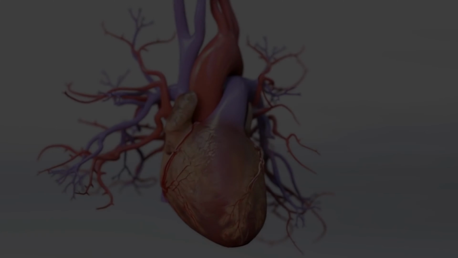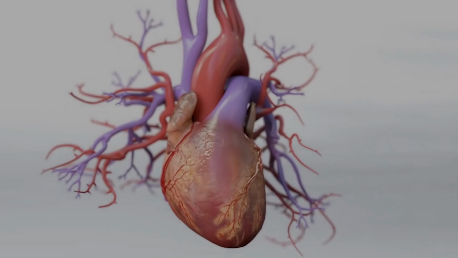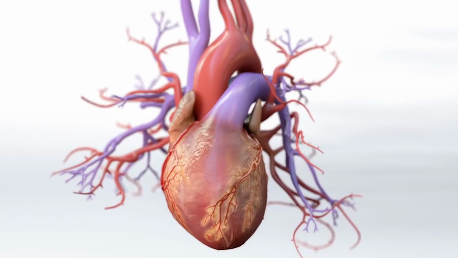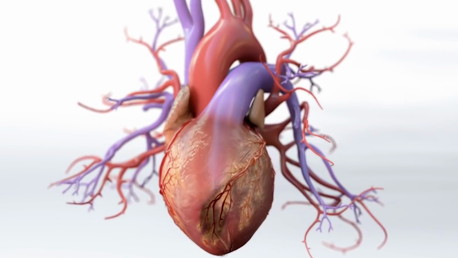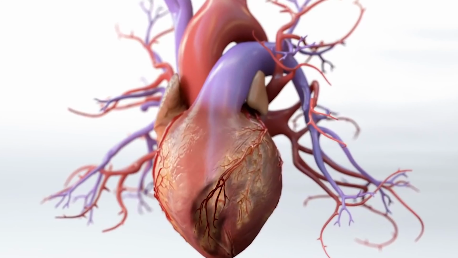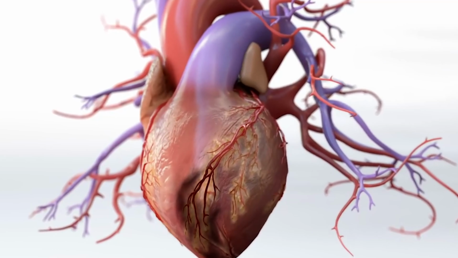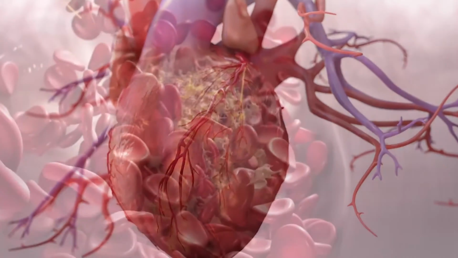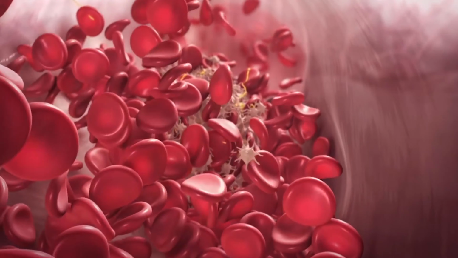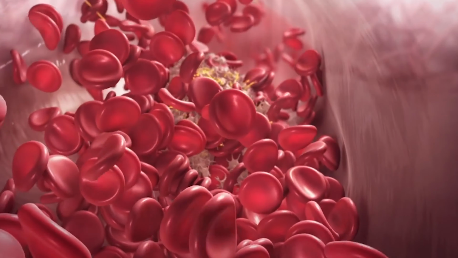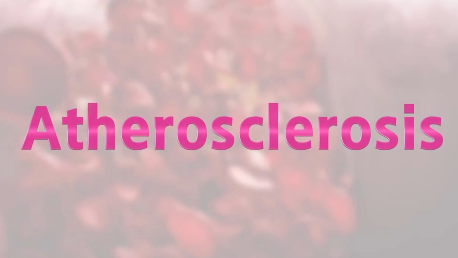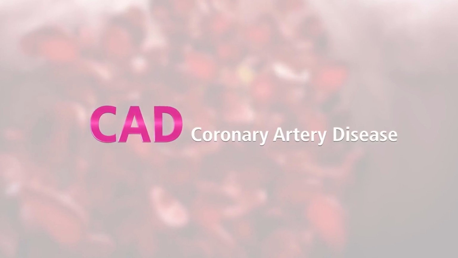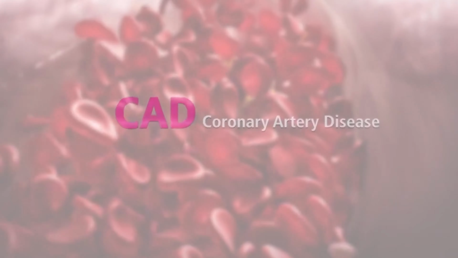When a myocardial infarction strikes, the blood supply to the cardiac muscles is suddenly restricted. Starved for oxygen, these muscles begin to die, and within minutes are unable to keep the heart beating. The cause of this life-threatening attack is the obstruction of a coronary artery by a blood clot, resulting in most cases from atherosclerosis, which in the coronary artery is called coronary artery disease or CAD.